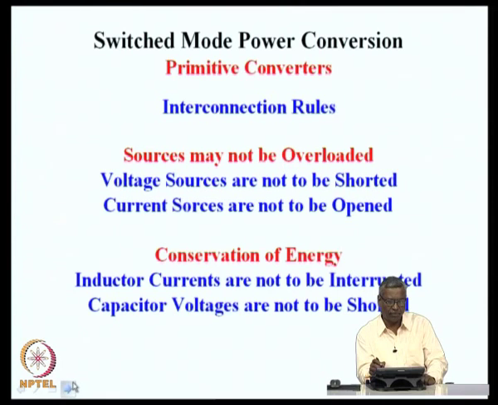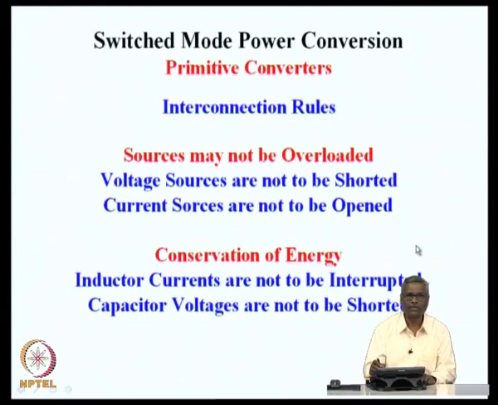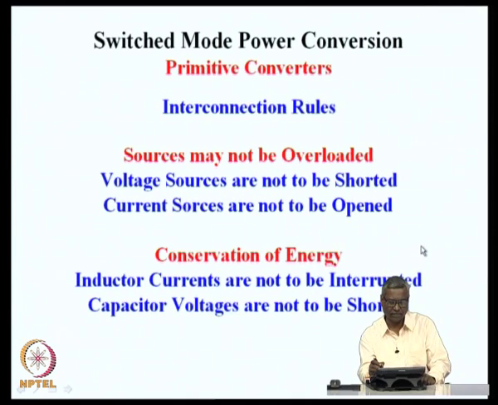So, from the point of view of the sources, there are two conditions that we have to ensure: the voltage sources are not to be short circuited and the current sources are not to be open circuited. Then we have conservation of energy, which is the bedrock of all engineering disciplines, and the conservation of energy states that energy is to be conserved and energy continuously varies; energy cannot be interrupted.